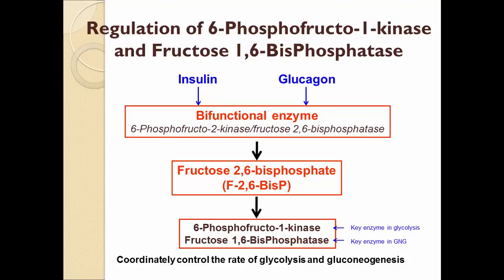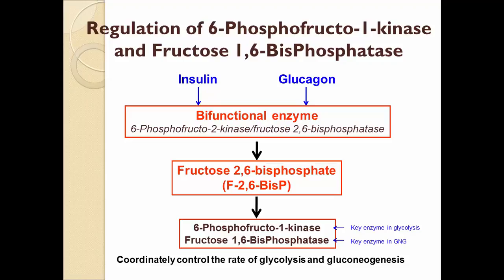And the concentration of fructose 2,6-bisphosphate itself is regulated by the bifunctional enzyme. Try not to confuse this bifunctional enzyme with the key enzymes in glycolysis and gluconeogenesis. These are two different sets of enzymes.